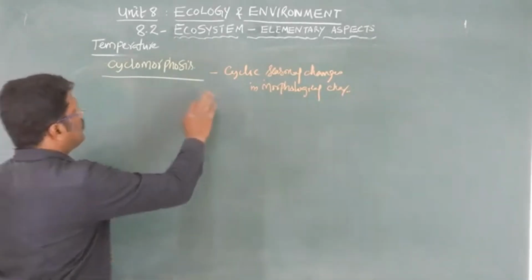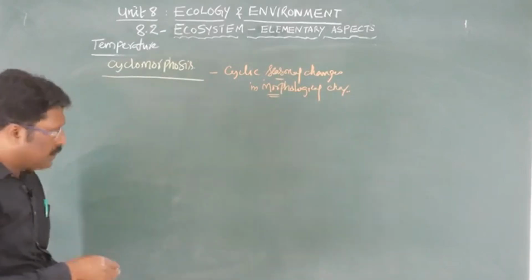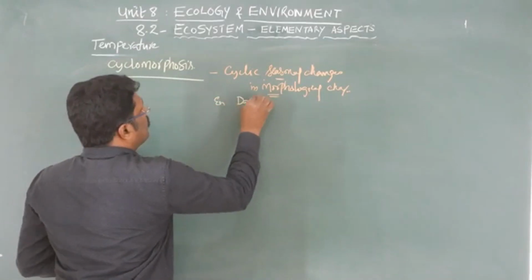So, according to the seasonal change, there is a change in the morphological character, and these changes are cyclic. Example is Daphnia.